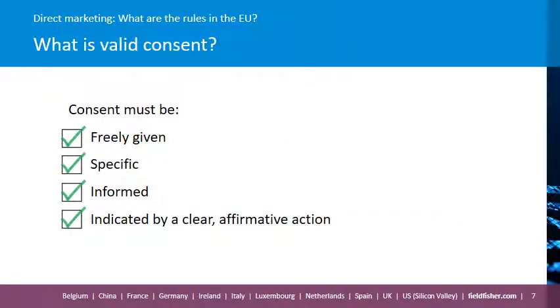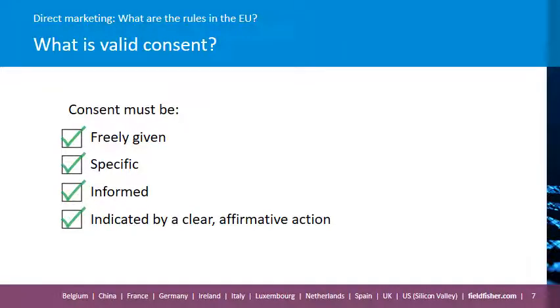So just to build on the concept of consent, as I touched on in the last slide, if you are relying on consent as your lawful basis to process personal data for direct marketing purposes, of course, the GDPR requires a specific standard of consent.